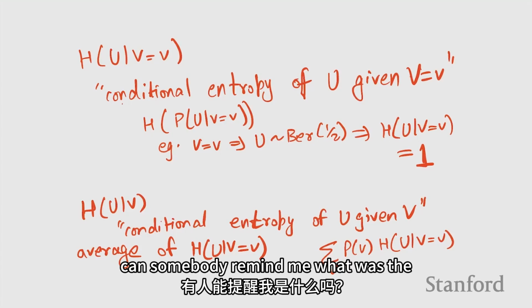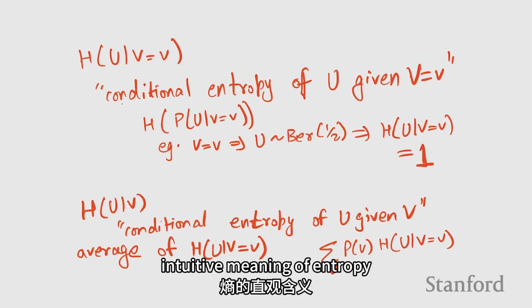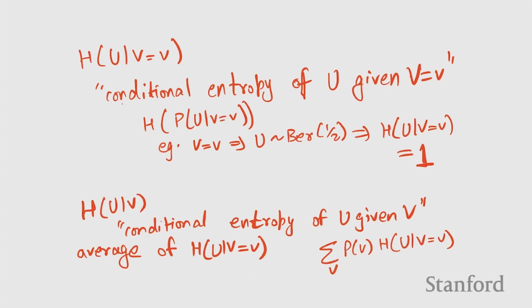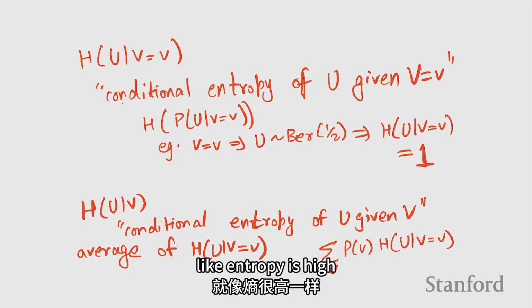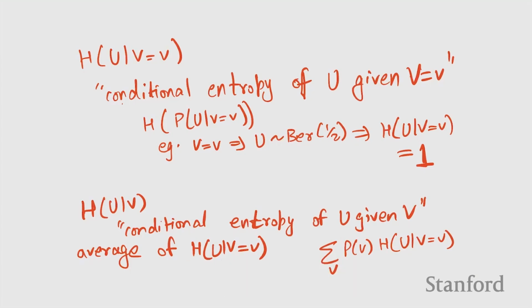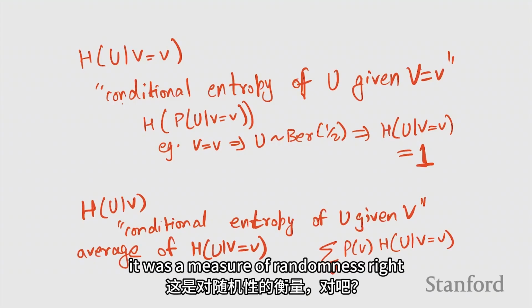Can somebody remind me what was the intuitive meaning of entropy? If entropy is high, what does that mean? Exactly, right. Entropy was a measure of uncertainty, a measure of randomness.